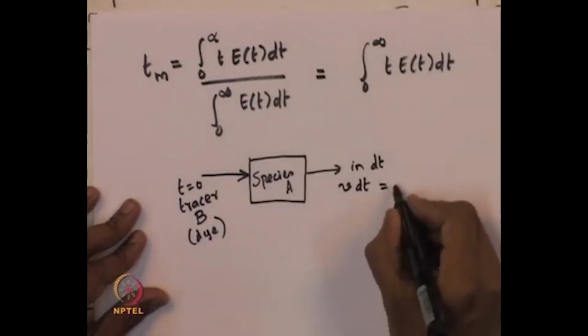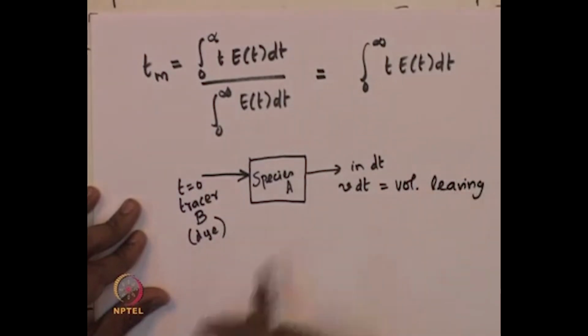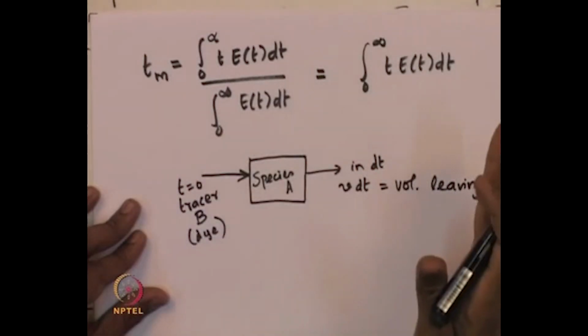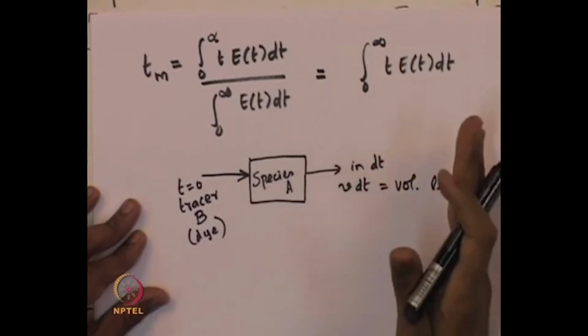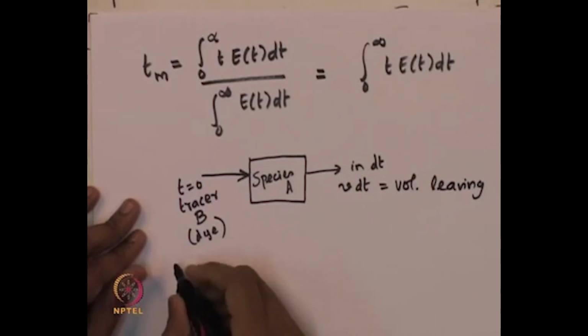That is the volume of the effluent stream which is leaving the reactor, not the tracer.